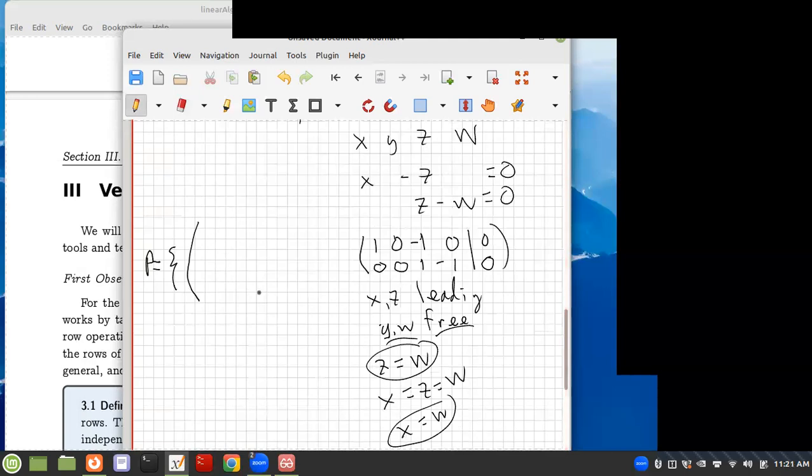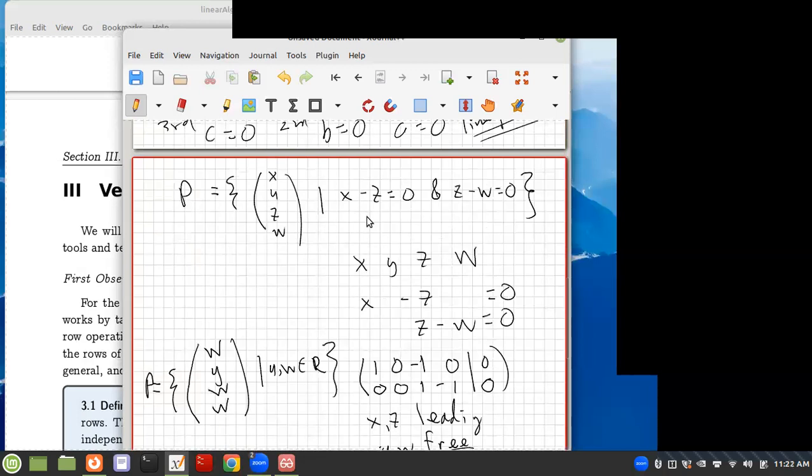So x equals w, y is free, and z is leading, so z equals w. There you are, y and w. Sometimes simple problems turn out not to be so simple if you go quickly.